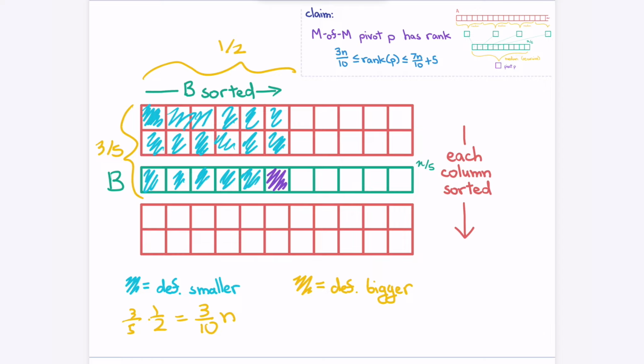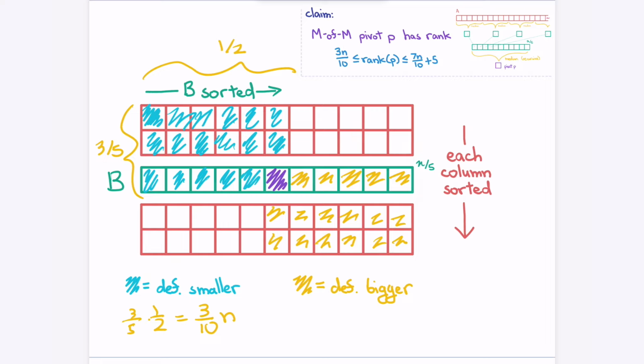Okay, so the other side might be easier now. Which squares are definitely bigger? Yeah, the bottom right. If you're going slowly, first the things going to the right are clearly bigger, and everything underneath those are definitely bigger. And again, roughly how much does this represent?